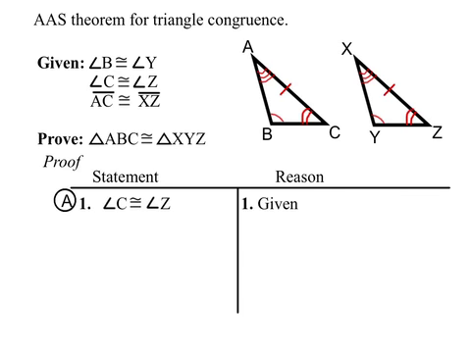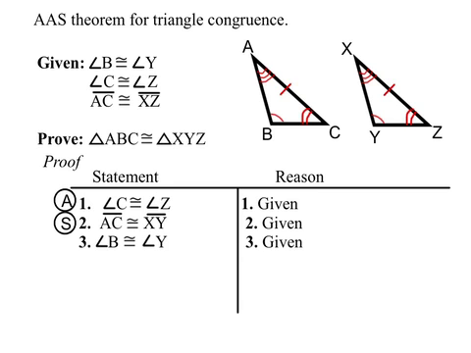We'll state the first given, and that's a pair of angles. So we put the little letter A next to reason 1. And then we state the given that states that a pair of sides are congruent and write out the letter S next to that reason. Then we state the third given that another pair of angles is congruent. And then we find the third pair of angles congruent by the no-choice theorem.